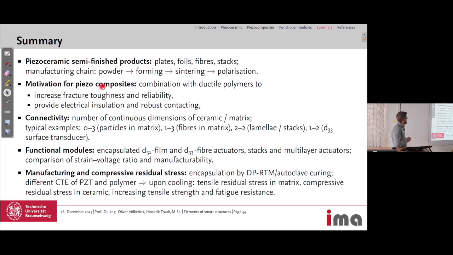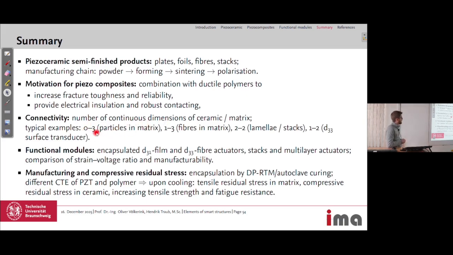We combine the piezoceramic with polymers to form the piezocomposite. And with this, we increase the fracture toughness and the reliability. And we can also easily include electrical insulation, also robust contacting, so these 2 points where we can solder our wires.